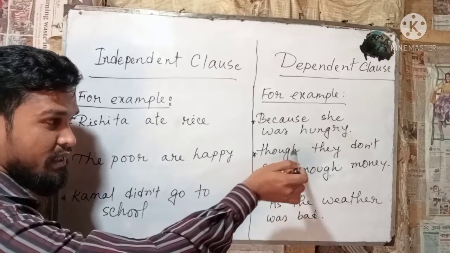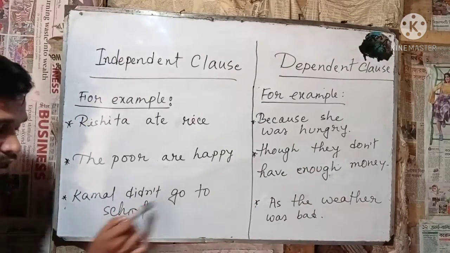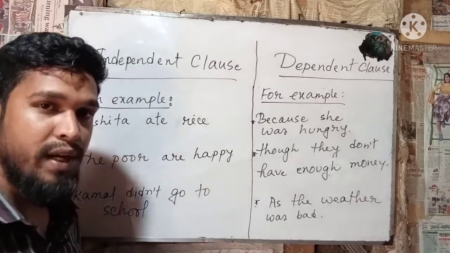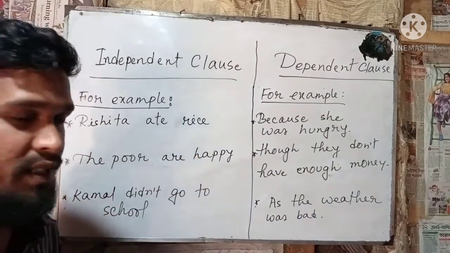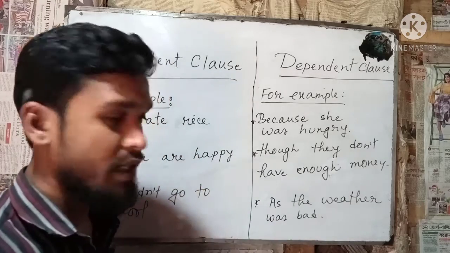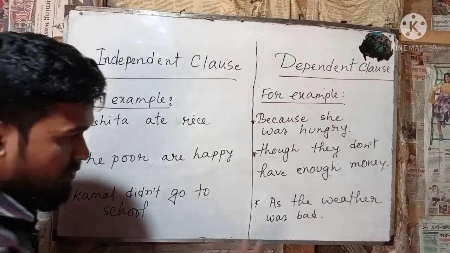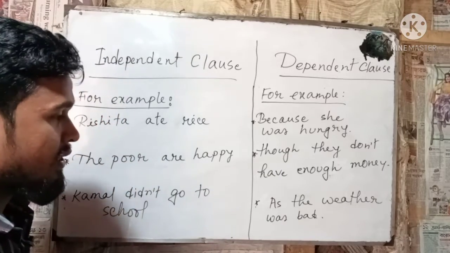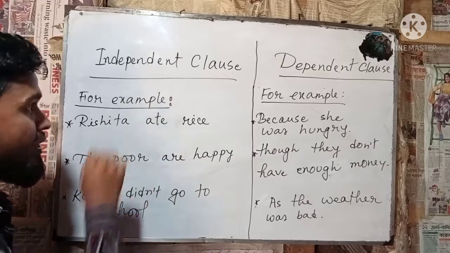The other is an incomplete sentence. Kamal didn't go to school conveys a complete thought. As the weather was bad doesn't convey a complete thought. To make sense of it, a dependent clause needs the help of an independent clause.